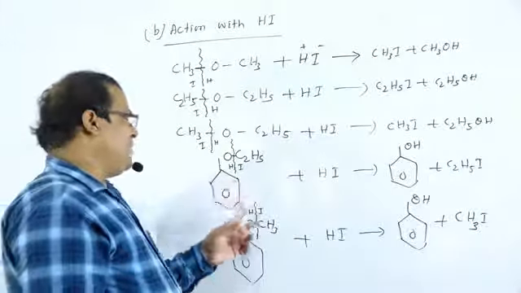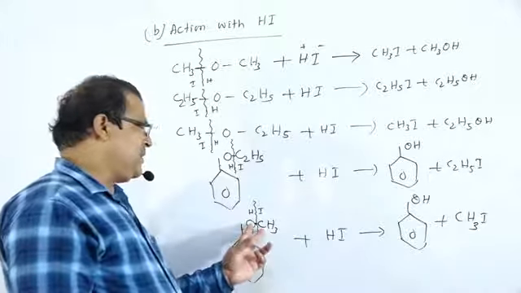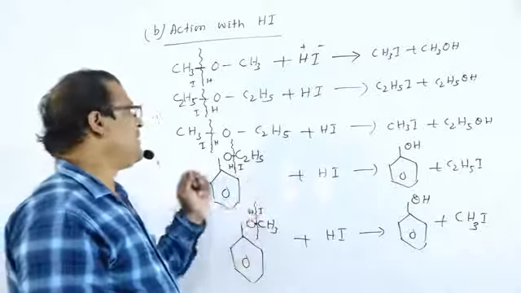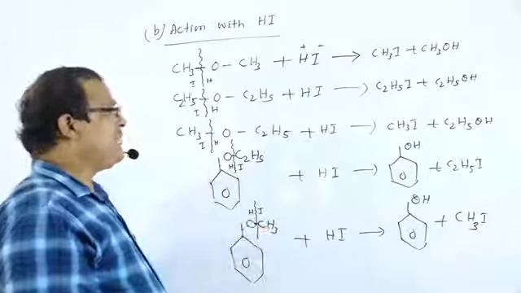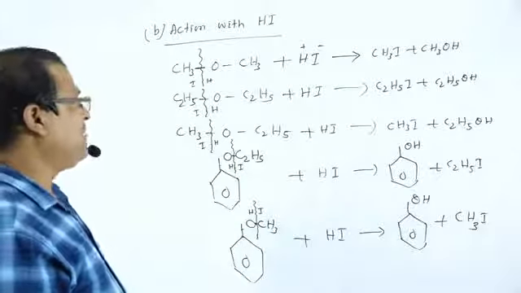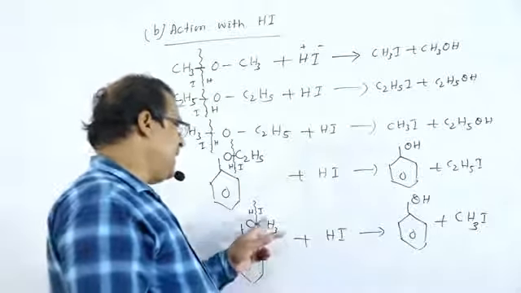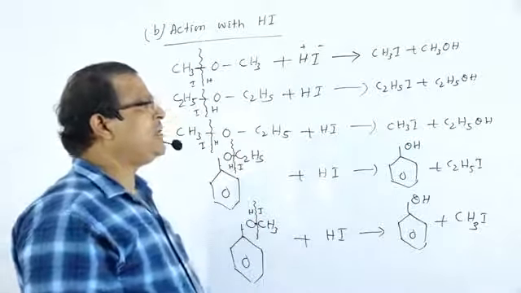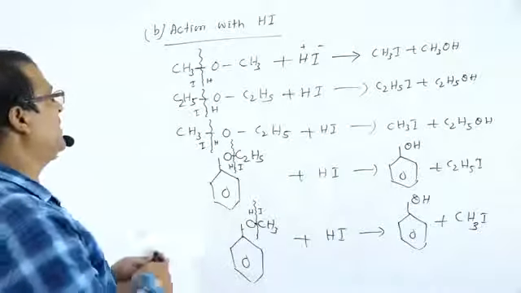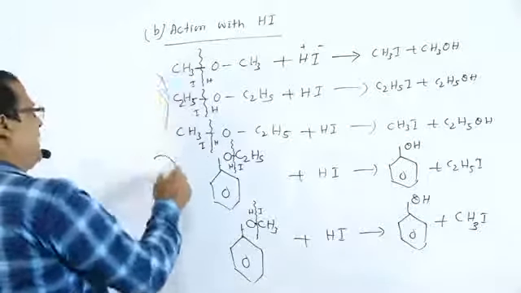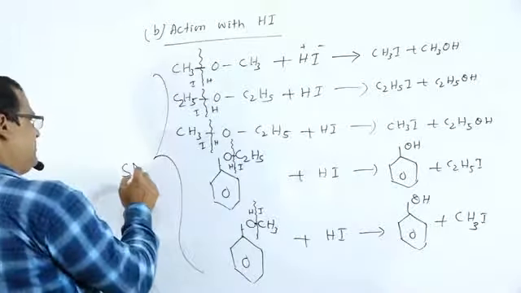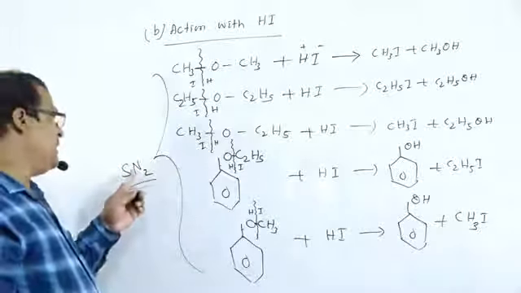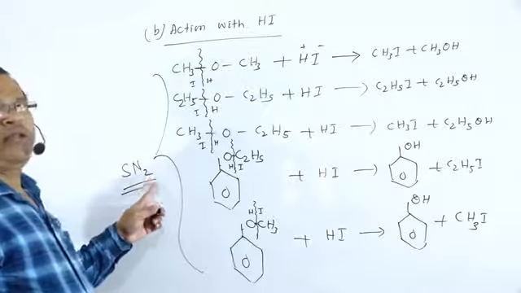So the carbon-oxygen bond of which side will break? The side that contains the lesser number of carbon atoms will break, with the formation of alkyl iodide and alcohol, and this reaction proceeds through the SN2 mechanism, that is nucleophilic substitution bimolecular reaction.